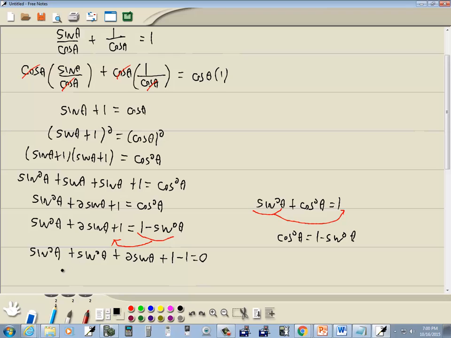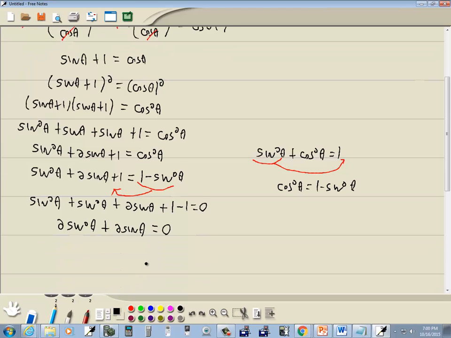Well, sine squared plus sine squared is 2 sine squared plus 2 sine theta. 1 minus 1 drops away. Okay, well, we want to factor out the GCF, which would be 2 sine theta. And that leaves us sine theta here plus 1 equals 0.